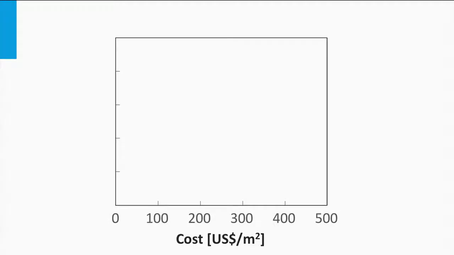For that, we use the graph in which we plot on the horizontal axis the cost price of the solar cell per area expressed in $ per square meter. So solar cells made of expensive materials or using expensive processing methods will be further to the right on this axis.